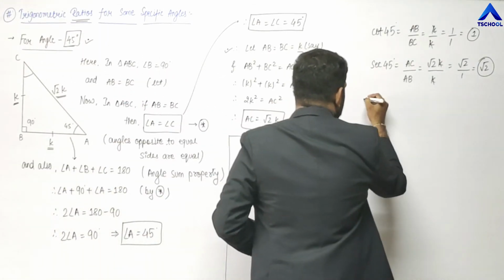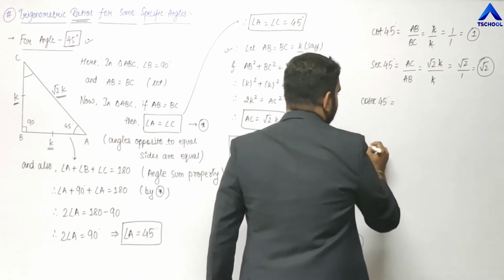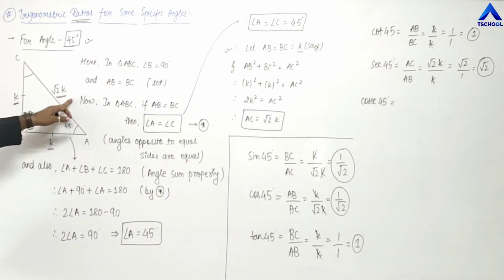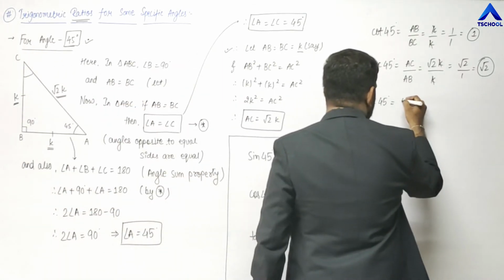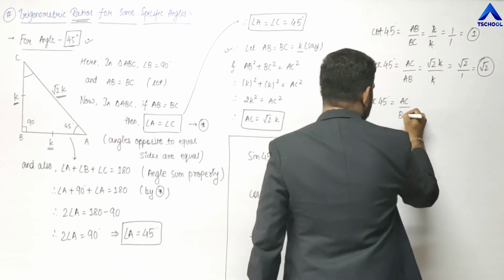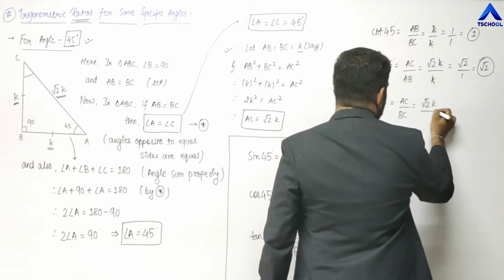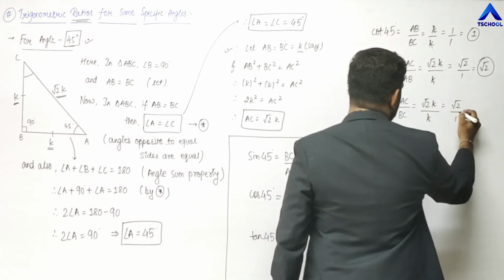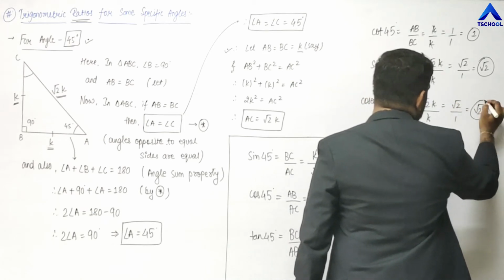The last ratio, that is cosec 45. The ratio for cosec A, friends, is hypotenuse divided by the opposite side. And again, if I am writing A equals to 45, so cosec 45 is equals to AC upon BC, which is equals to root 2K upon K, K and K are cancelled, which is again root 2 upon 1, that is equals to root 2.